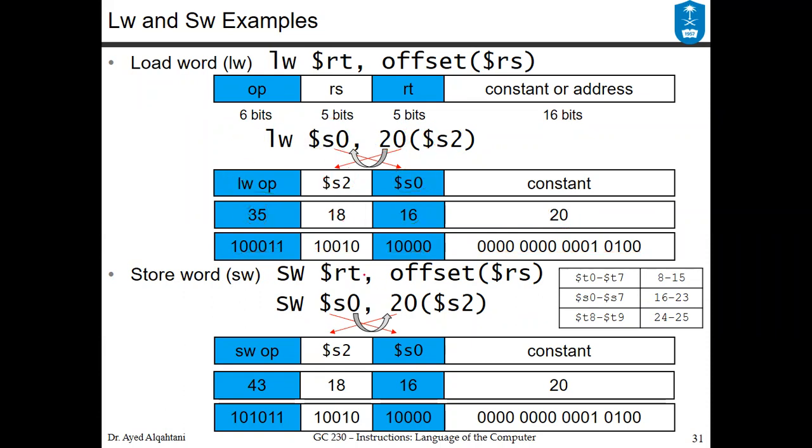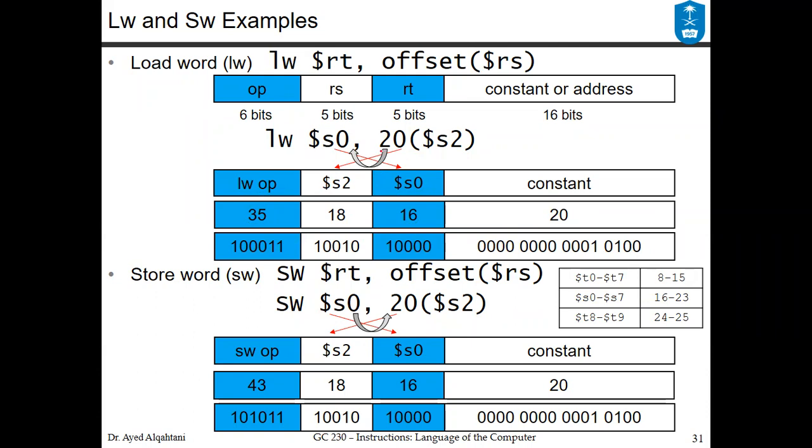For the store, it has the same thing, the same format. You can see the example here. I copied it exactly here, and I just changed the instruction from load to store. What happens here is the opposite instruction.